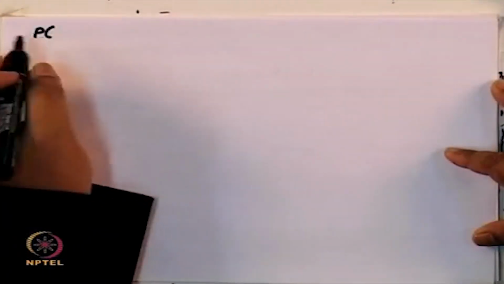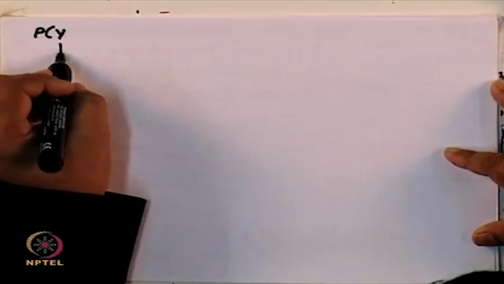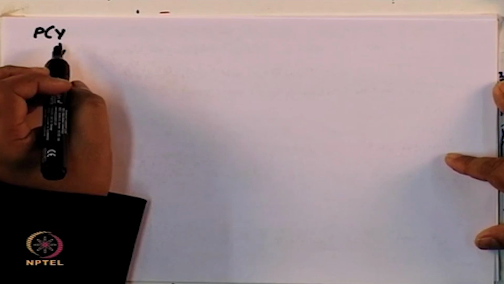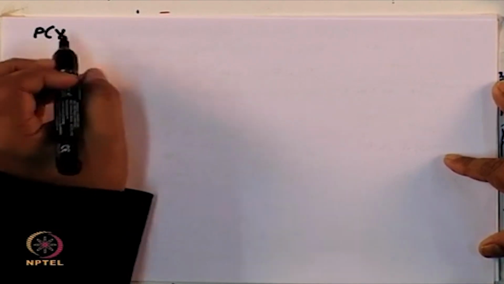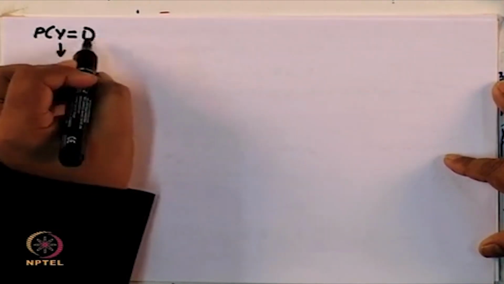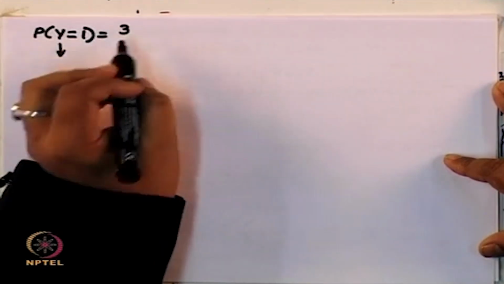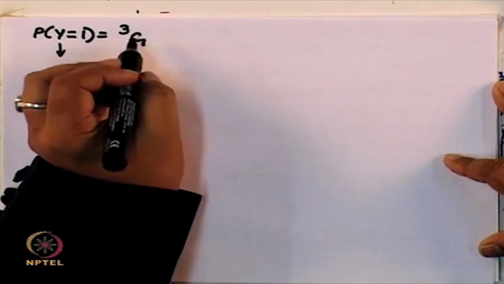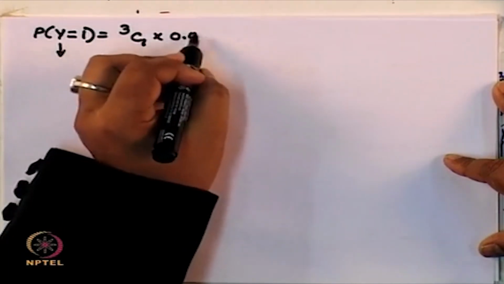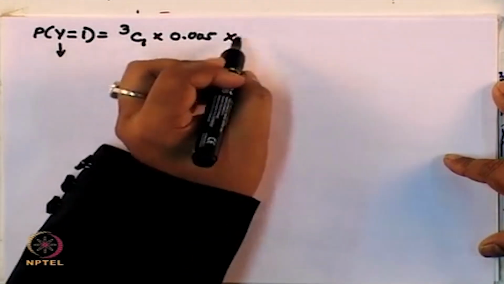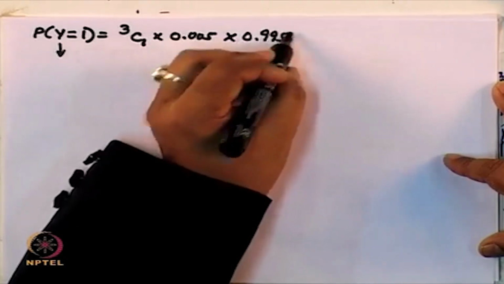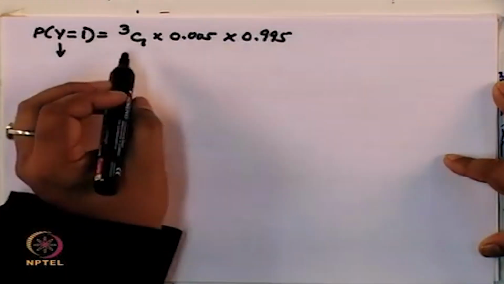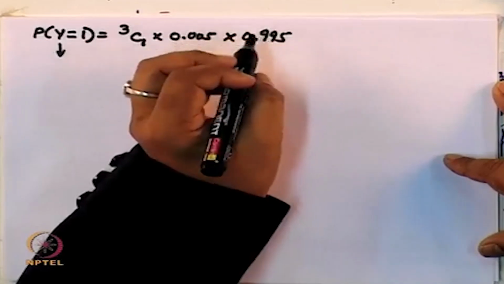Let y be the random variable, the number of packages returned. We need to calculate probability y equal to 1. The total number of packages is 3. So, 3 C 1, okay, into 0.005 into 0.995 whole square.